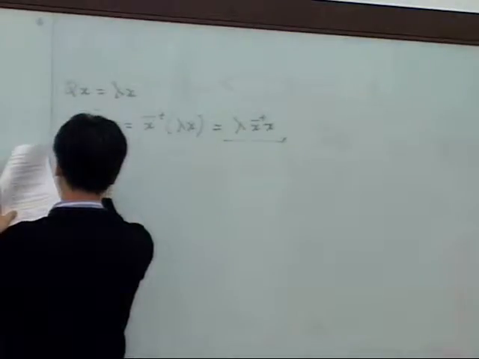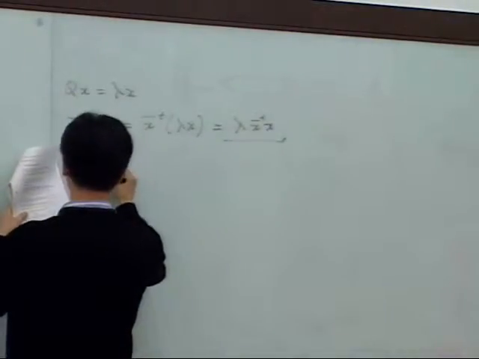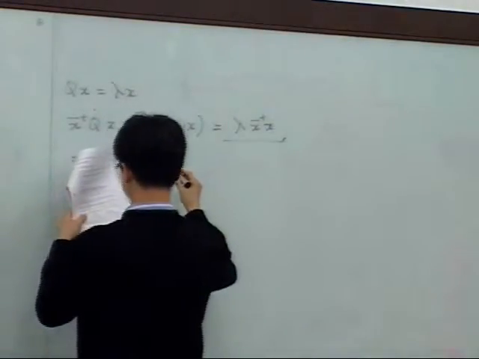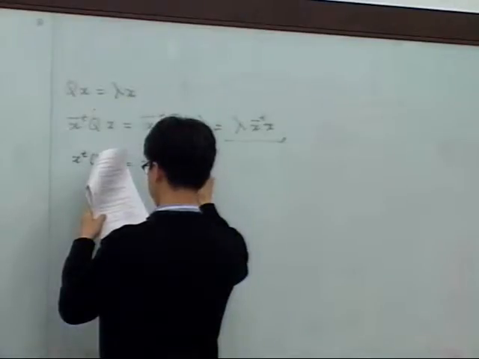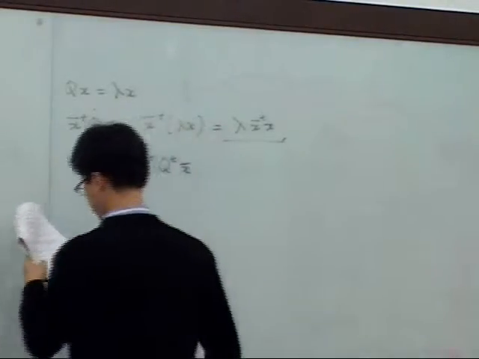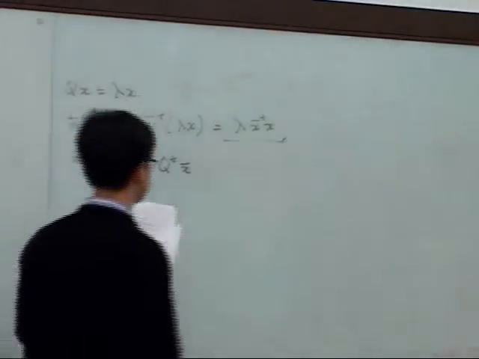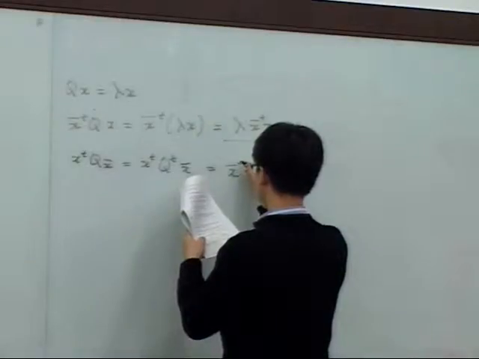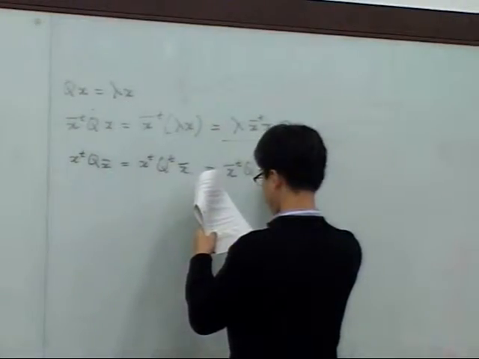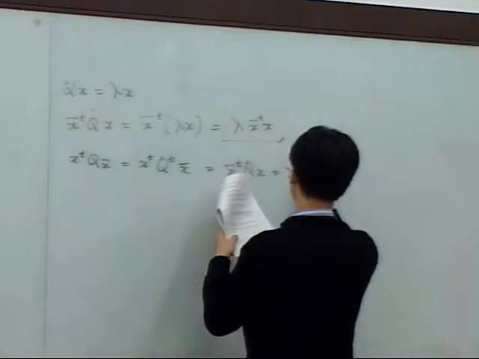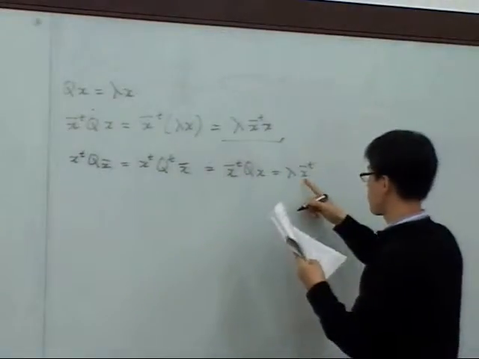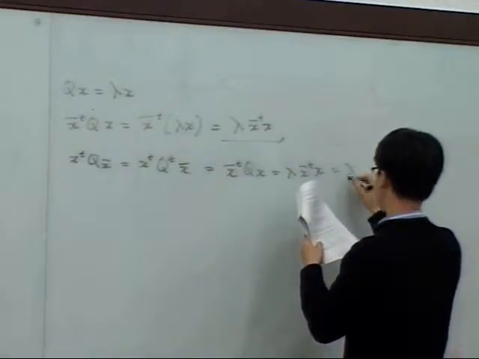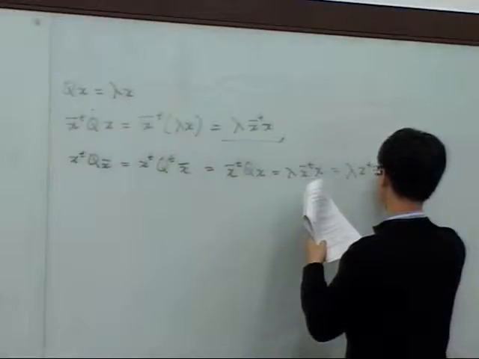And another thing, x transpose Q x conjugate is equal to x transpose Q transpose x bar, which is equal to x conjugate transpose Qx, which is lambda x conjugate transpose x, also lambda x transpose x conjugate.